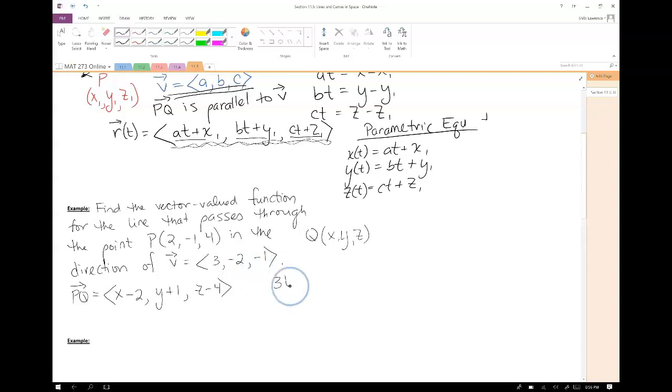So 3 times t must equal x minus 2. Negative 2 times t has to equal y plus 1. And then negative 1 times t has to equal z minus 4. And if we solve this for x, y, z, we will have the components for a vector valued function, which is 3t plus 2, because we're solving for x, negative 2t minus 1, and negative t plus 4.